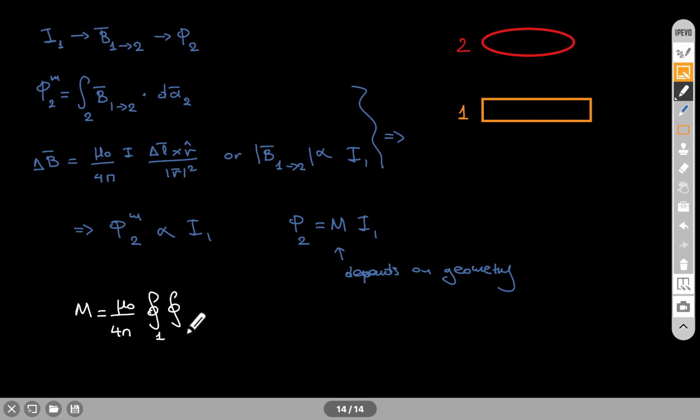These are over loop 1 and loop 2, dl1 dot dl2 divided by r. So this is what we call the mutual inductance.